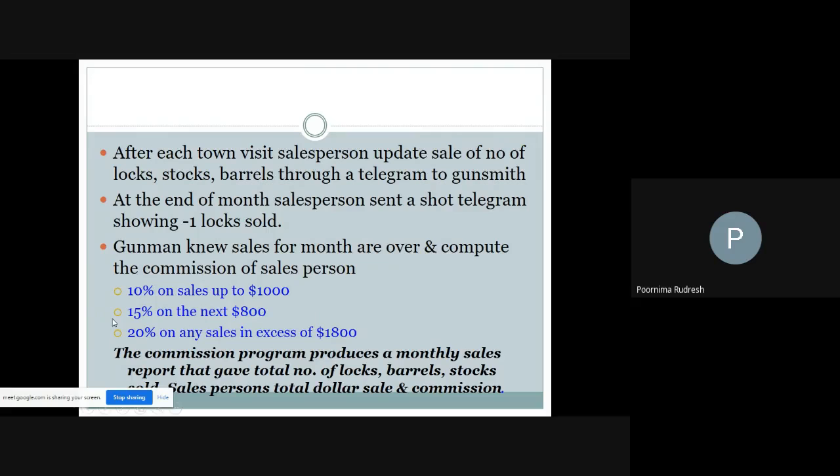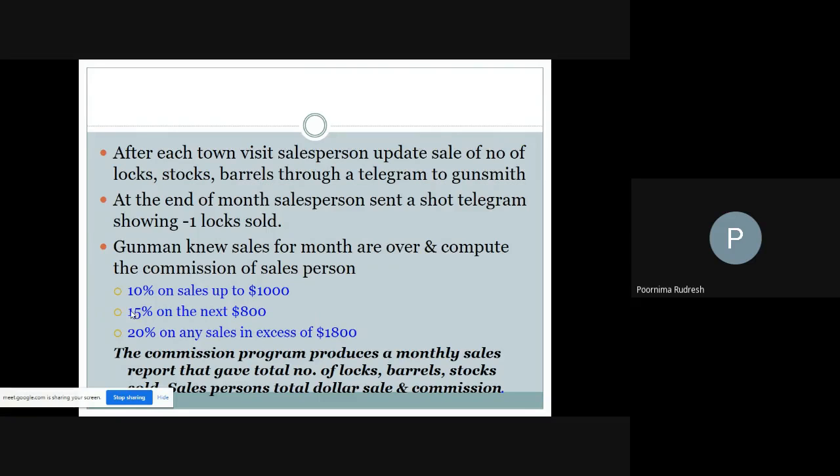For the next portion, up to $1,800, he gets 15% commission. And if he sold more than $1,800, he gets 20% commission. That is the maximum commission he gets.